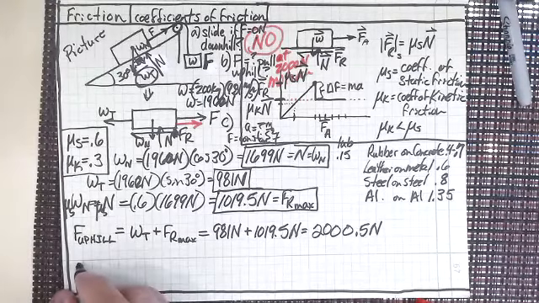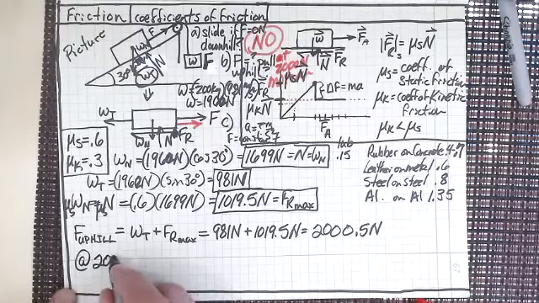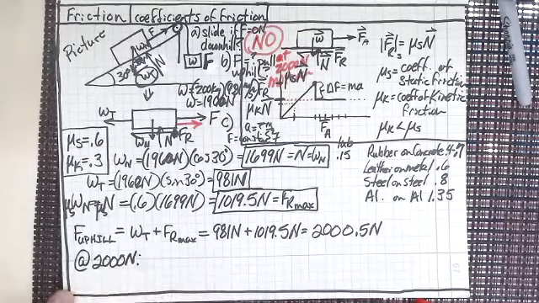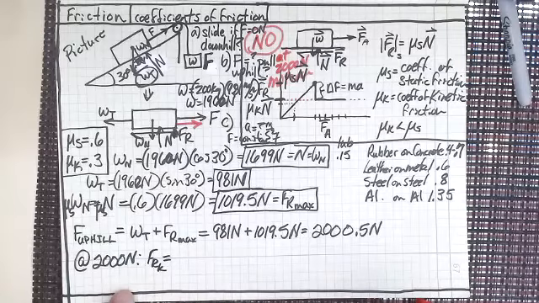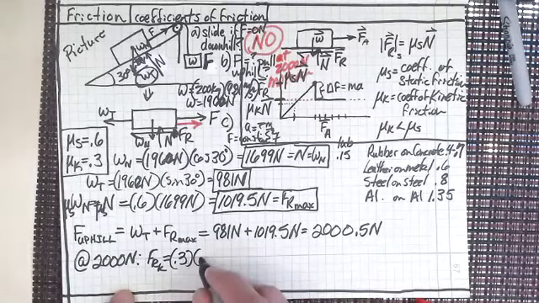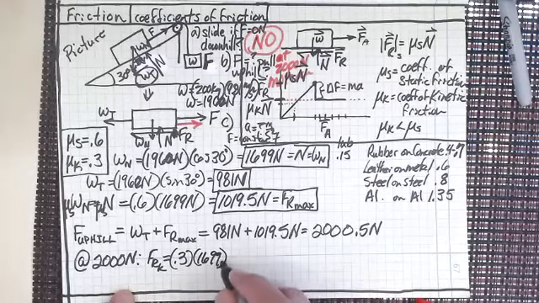But at 2,000 newtons, let's just see what happens. Now all of a sudden, F sub r kinetic is going to be 0.3 times 1699 newtons.